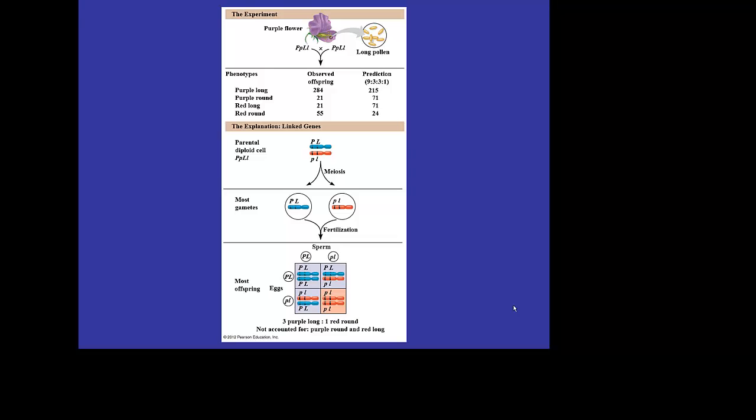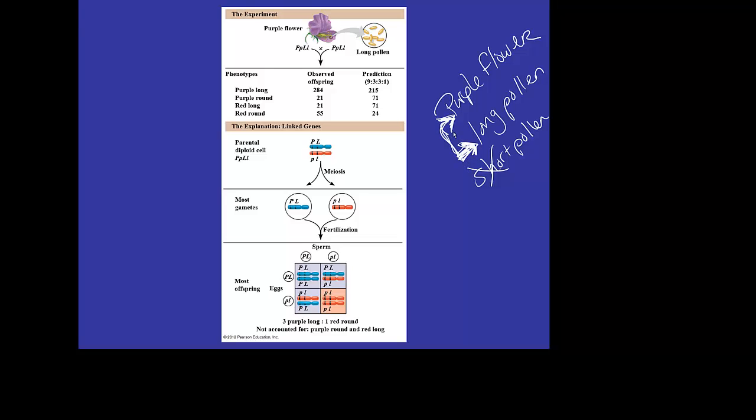So if we have what we call linked genes, this means that if you have a purple flower, what I want to know is, does being a purple flower make you more likely to have long pollen than short pollen? So is there some connection between being a purple flower and having long pollen?